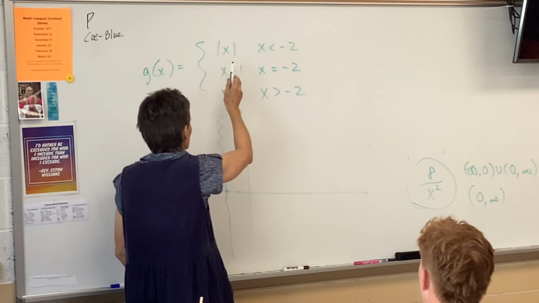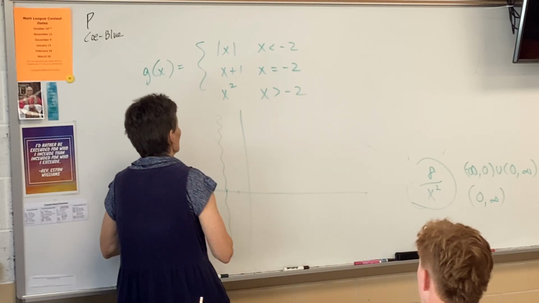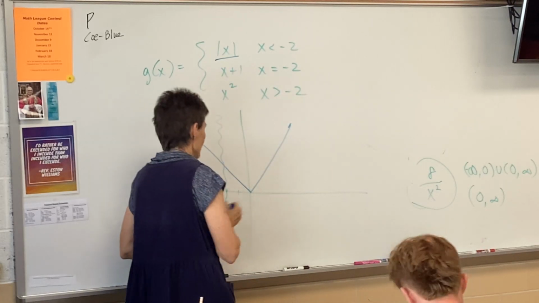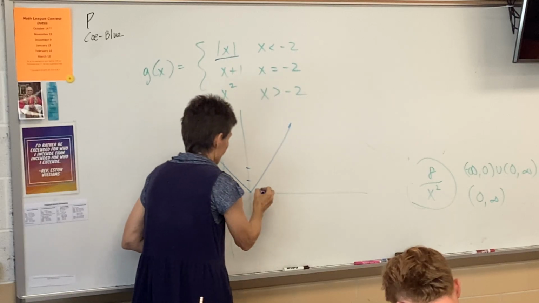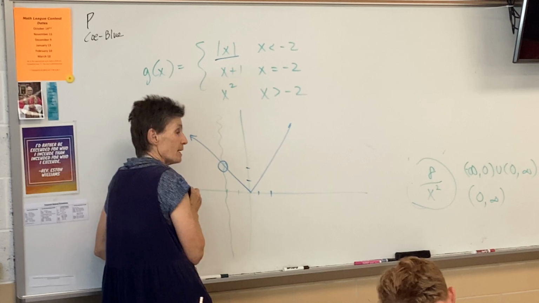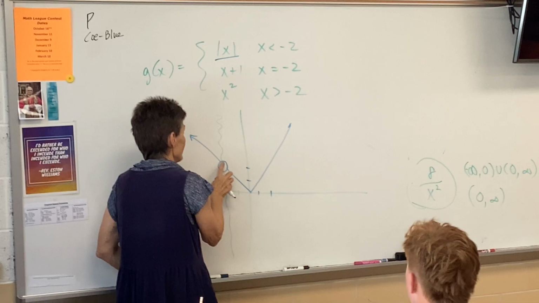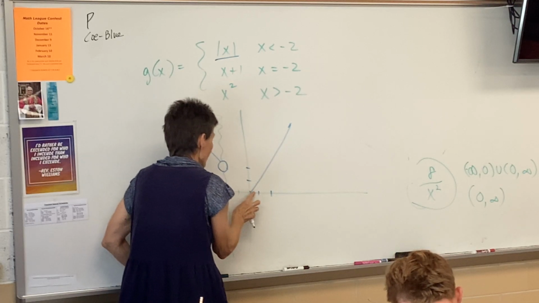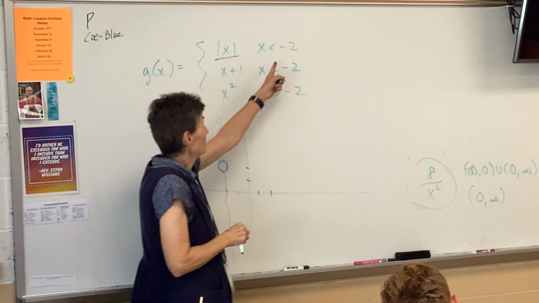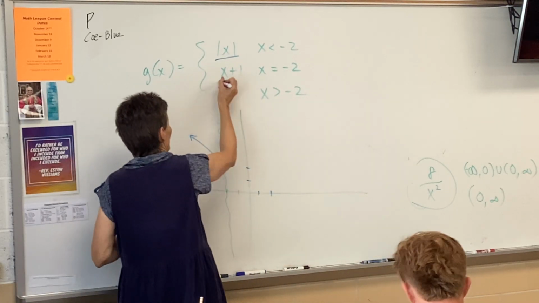Alright, now, what does absolute value x look like? That looks like a V from the origin, right? Now, obviously, it's broken right there. That dot is open, and I'm gonna keep the left. So I'm just gonna erase this part right here, don't need it, not part of the answer. Keep the left. What is that?